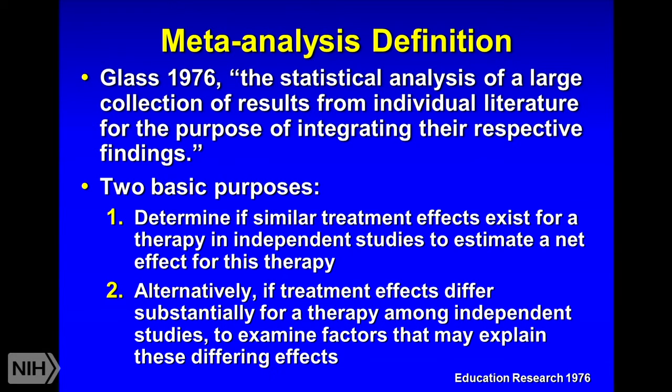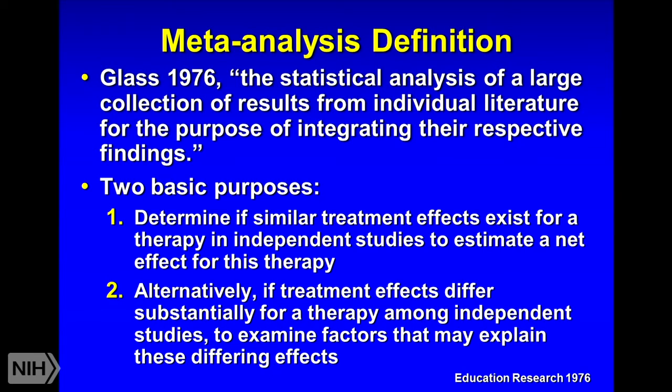And the randomized controlled trial was really invented in the 1930s by a man named Fisher. And so it took about that many years to have enough randomized controlled trials in certain areas in order to need to combine them. And the term as defined is the statistical analysis of a large collection of results from individual literature for the purpose of integrating their respective findings.